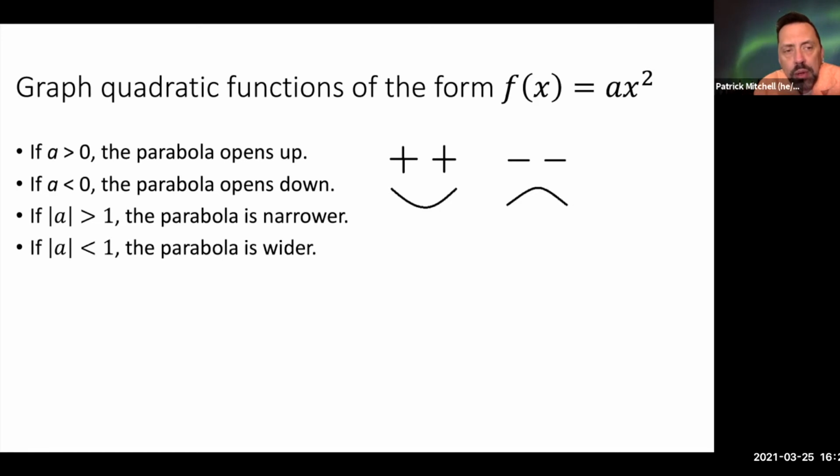But if the absolute value of a is less than 1, which usually means a fraction, 1/2, 1/3, -1/4, then that makes the parabola wider. It means it's been squashed down.